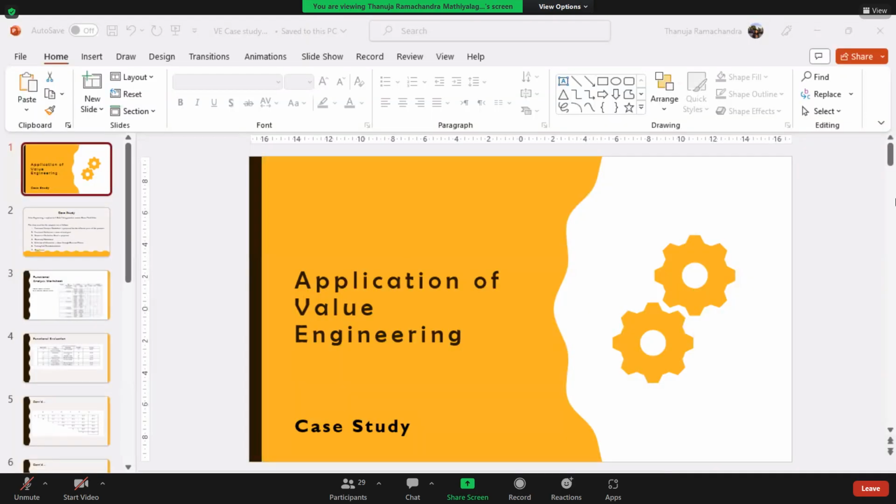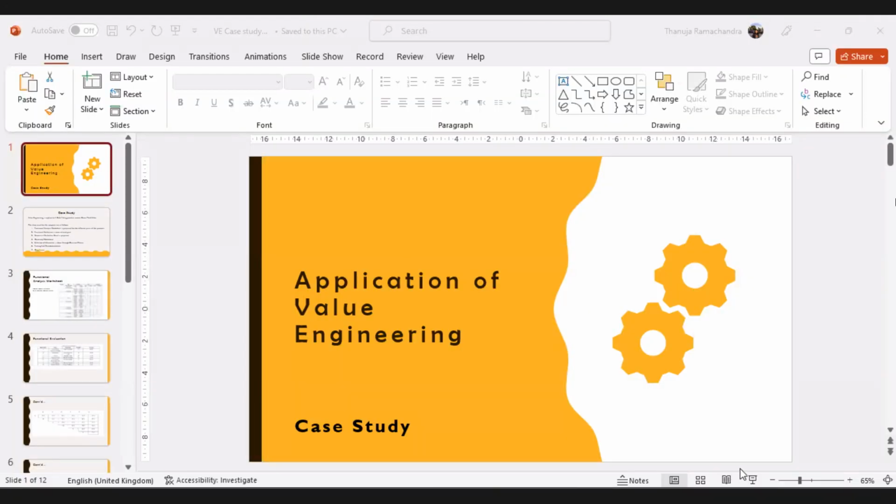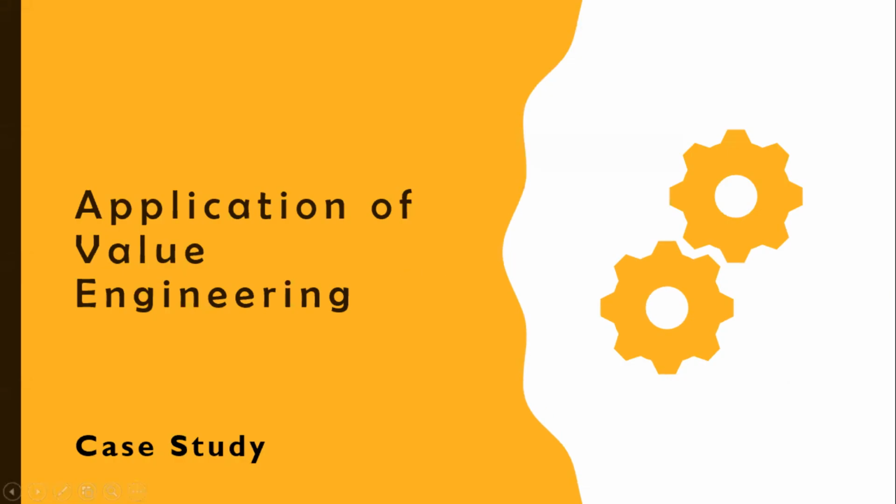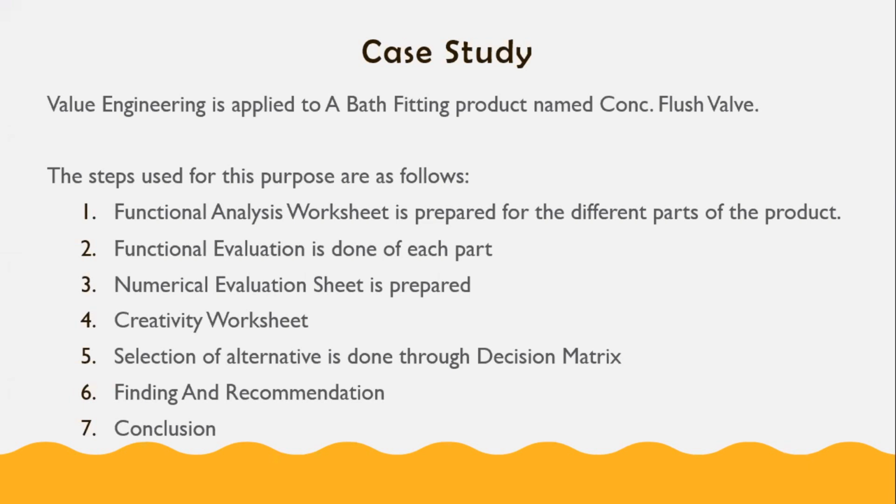And there is another example also you can see. Right. So value engineering is applied to a bath fitting product. That's flush valve. Okay. So the steps followed. Functional analysis worksheet is prepared for different parts of the product, right?